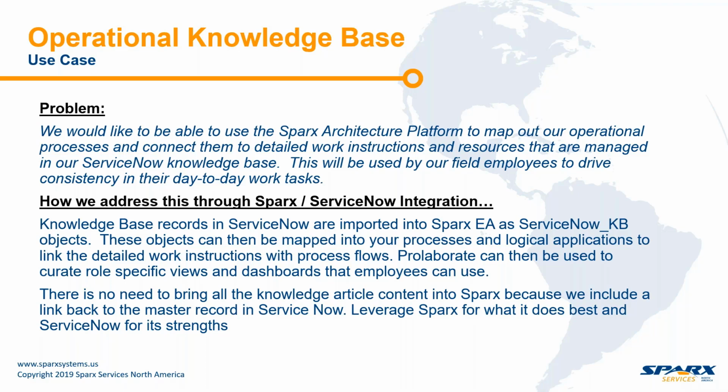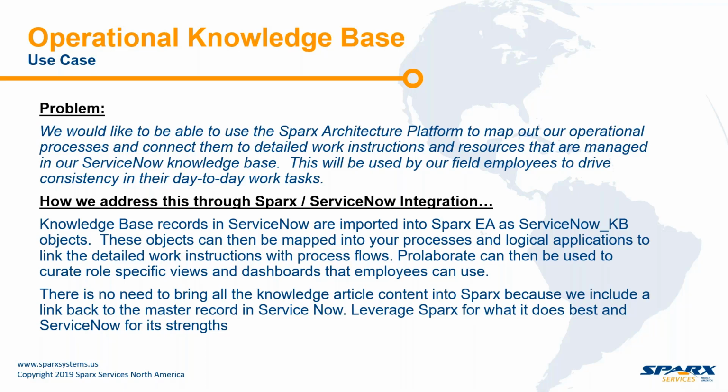So how we address this scenario through the integration: knowledge-based records, just like CIs, that exist in ServiceNow are brought into EA as this kind of custom object. You can then map these objects directly to your processes. So you have a process step and it's supported by knowledge-based articles or work instructions.